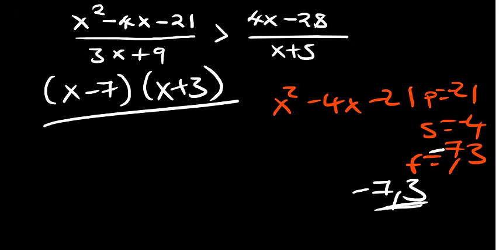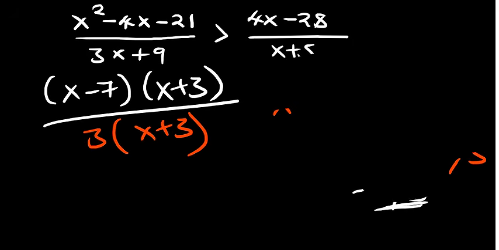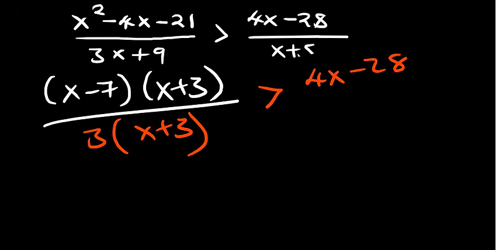Again, we'll look at the denominator there. We want it to cancel out with one of the two. So we can factorize it as well. We factorize the 3, so we'll remain with x plus 3. Then we'll maintain what's on our right hand side. For our right hand side, we basically have 4x minus 28 over x plus 5.